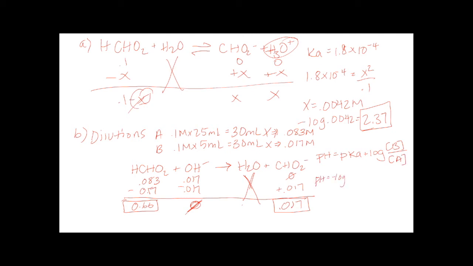So I got pH equals negative log of 1.8 times 10 to the minus 4 plus the log of 0.017 over 0.066. If you calculate that, you get a pH of 3.15.